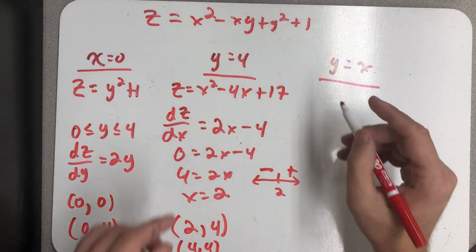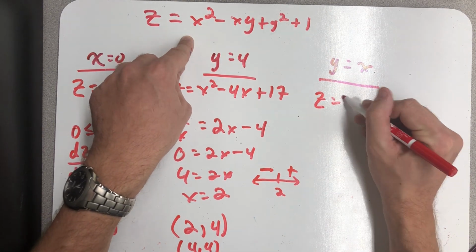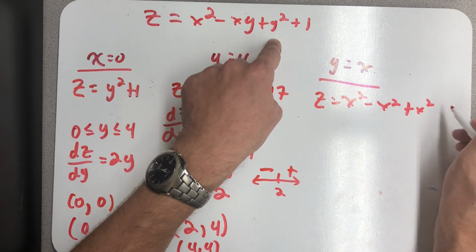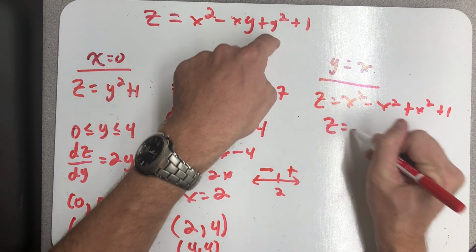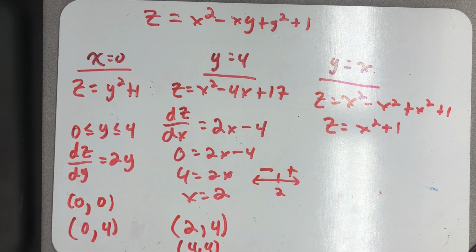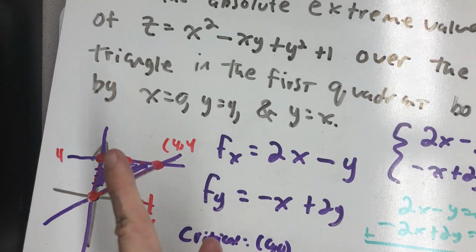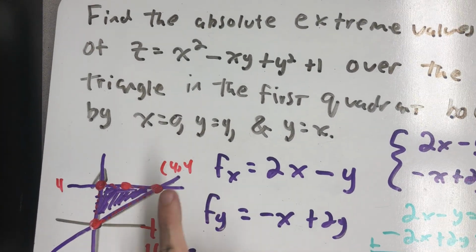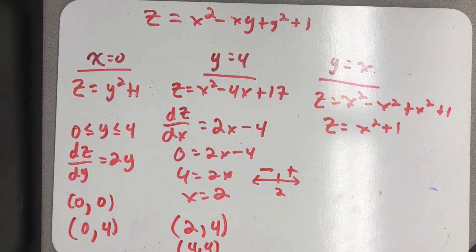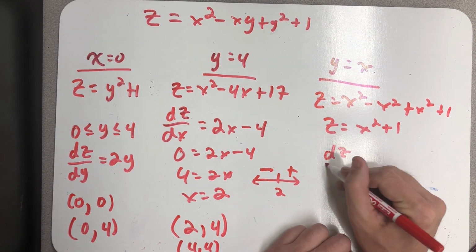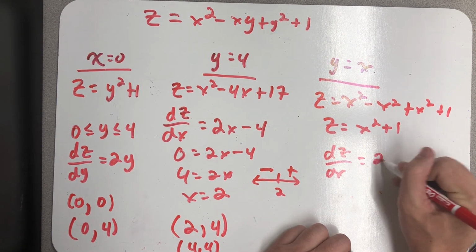At y equals x, let's see, z is equal to x squared minus x squared plus x squared plus 1. And z is x squared plus 1. So over that slanted line, I'd get another parabolic graph that looks like x squared plus 1. The derivative with respect to x is 2x.